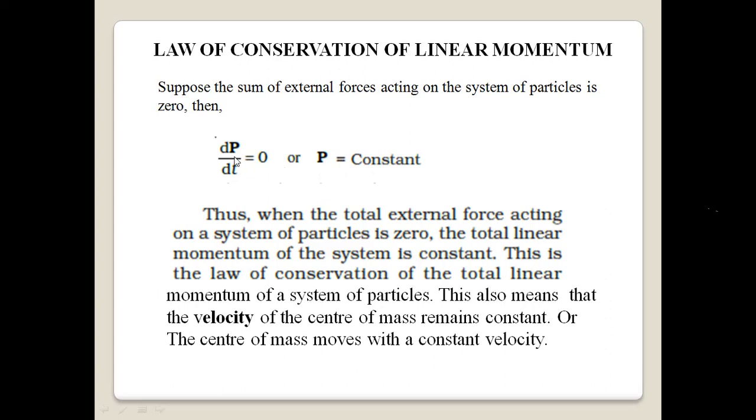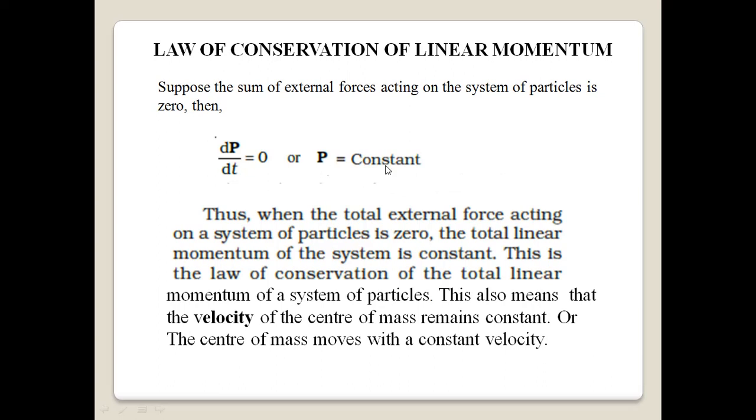So what happens if P is a constant? If P is a constant, that means the linear momentum of the center of mass is a constant. Of course, you know M is a constant. When can P be a constant? When velocity is also constant, or when the center of mass is moving with uniform motion, we say velocity is constant.